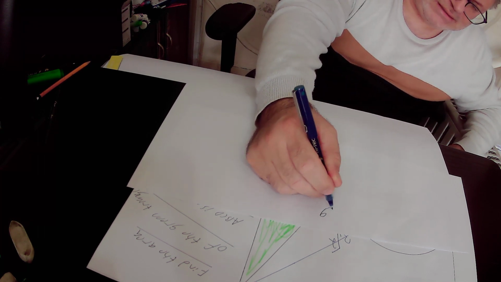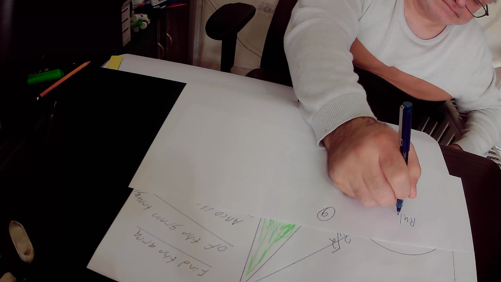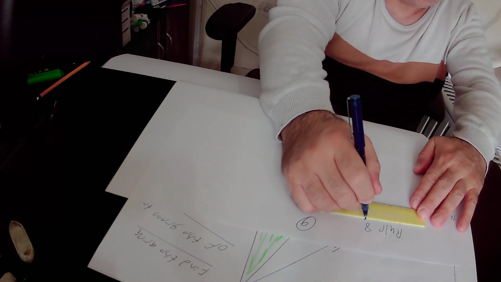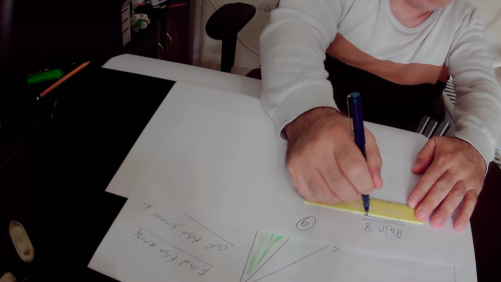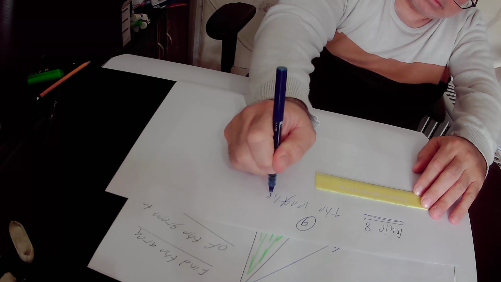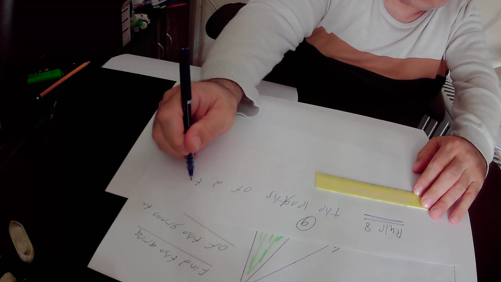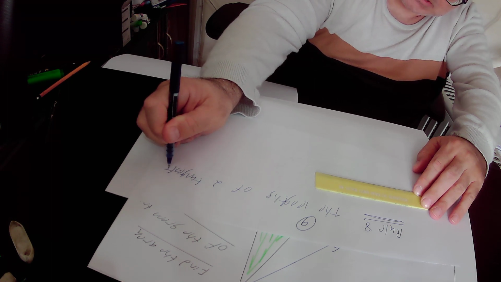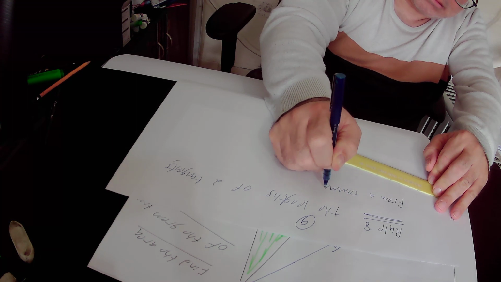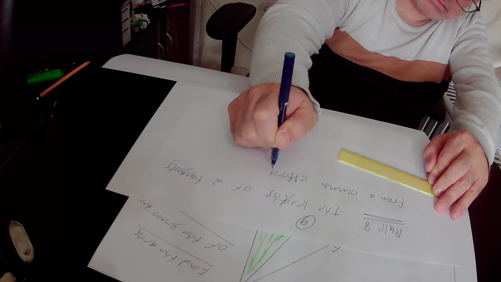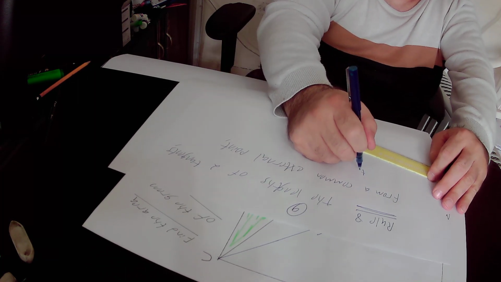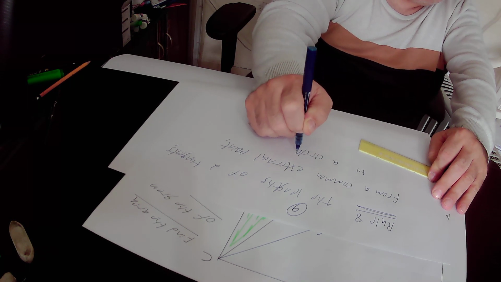According to rule number 8, the length of 2 tangents from a common external point to a circle are equal.